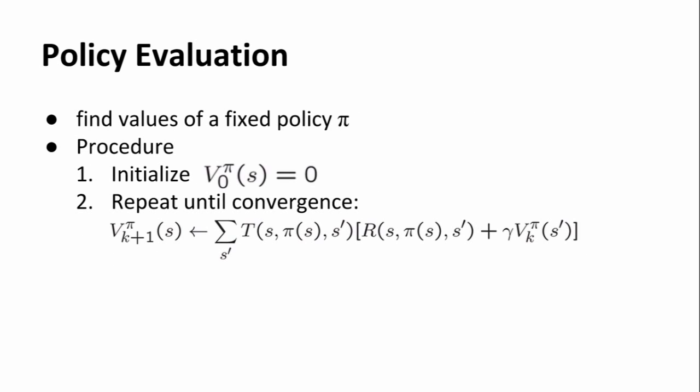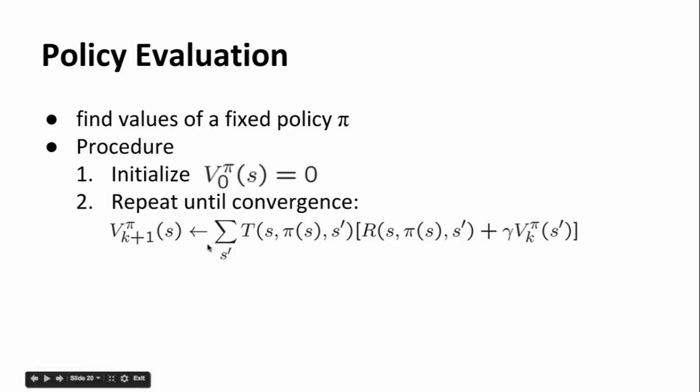So here is policy evaluation. Again, the goal is to find values for some fixed policy, call it pi. And the procedure is going to be basically the same as what we're doing for value iteration, except we're not maxing over actions, right? Because again, we're given this fixed policy pi, all our actions are fixed. And we're going to initialize the value of all states to 0.